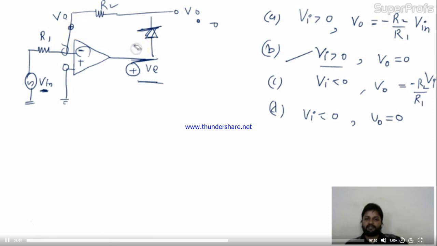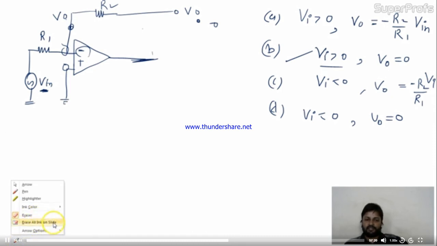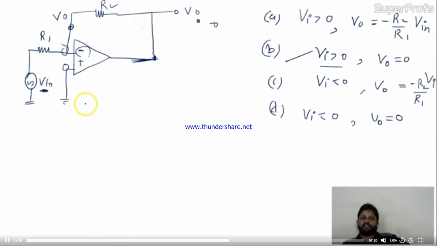Now your circuit is this, and this diode will become short circuited. So this is your new circuit. In this case also, can you get V0? Yes, I can apply 0 over here.